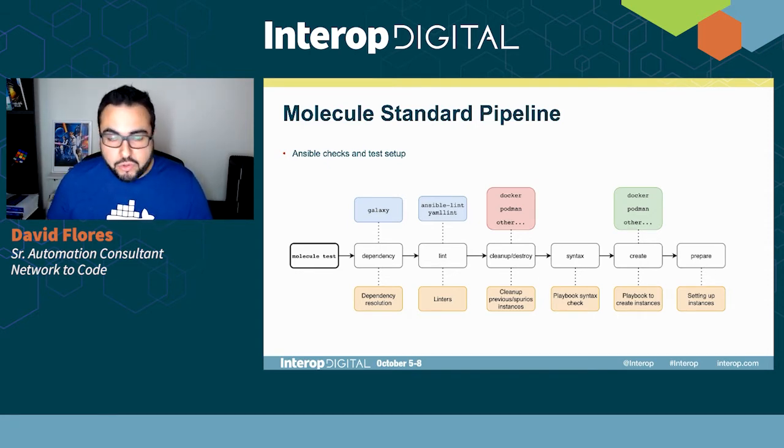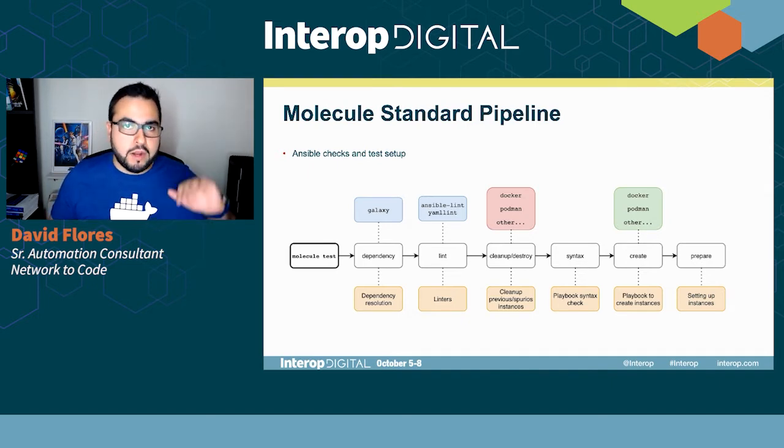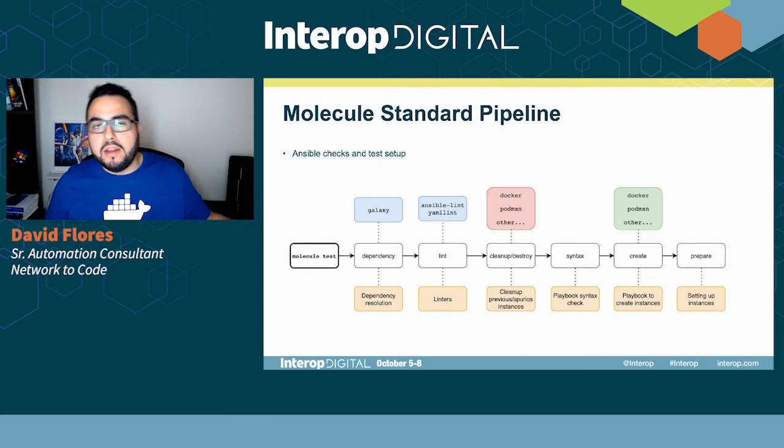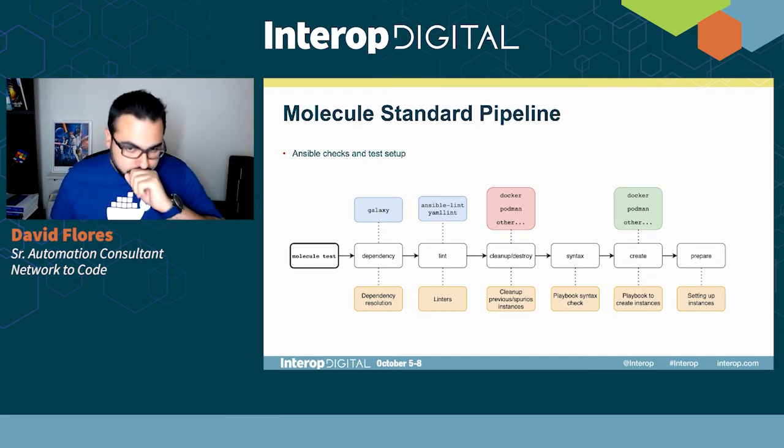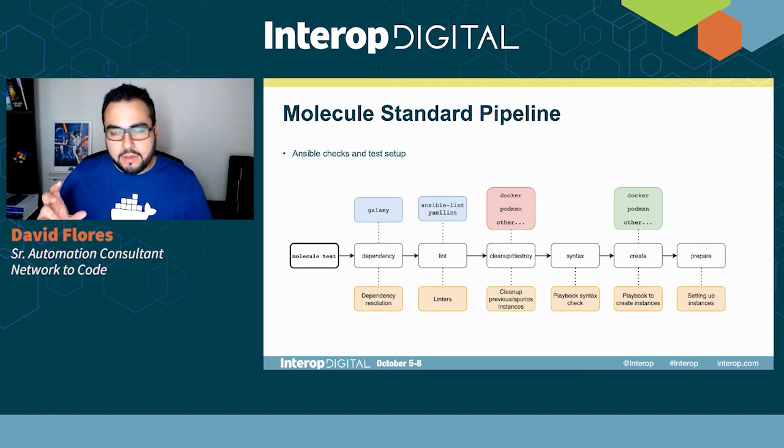There's a cleanup and destroy phase that is basically going to clean up. If there are any previous instances that were created, it's going to destroy them. There is a syntax phase that is an Ansible syntax check. And then comes the create phase, which is going to call the virtualization provider to fire up these virtual instances.